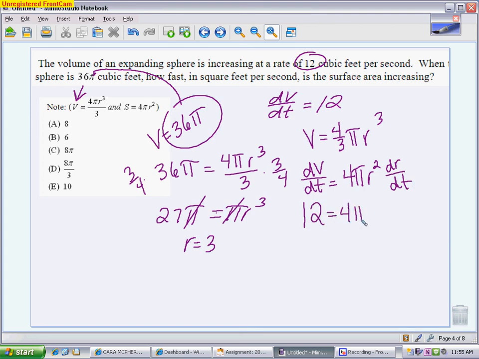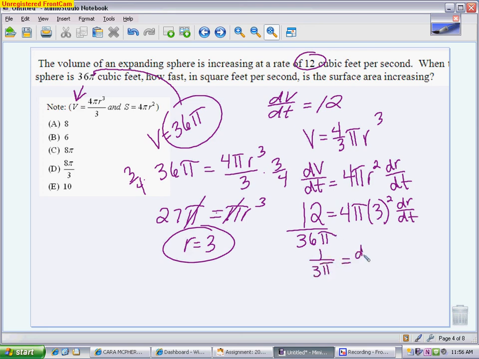And I know that the r that I just figured out is 3. I have this side ending up being 4 times 9, which is 36. So I'm going to divide by 36 pi, which gives me, when I simplify, 1 over 3 pi. That is my dr/dt, which is not the end of the problem, but it's an in-between step to get me to the end of the problem.